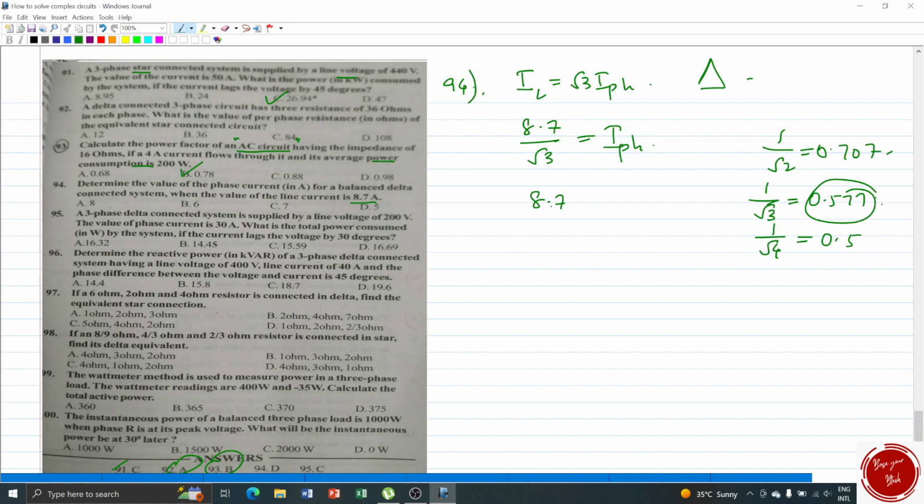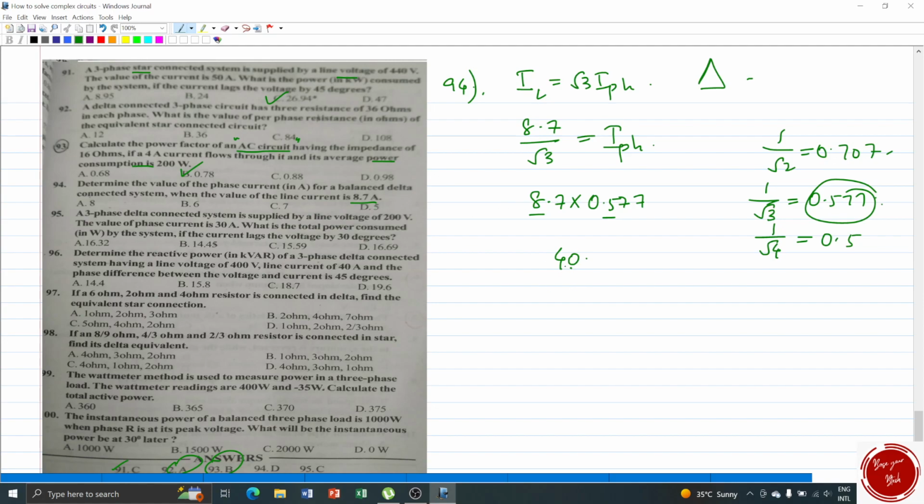So 8.7 into 1 by root 3 is 0.577. Roughly, 8 into 0.5 is around 4, but 4 is missing in the options, so the nearest value is 5.